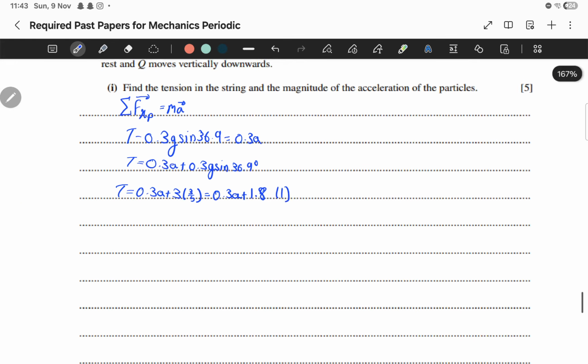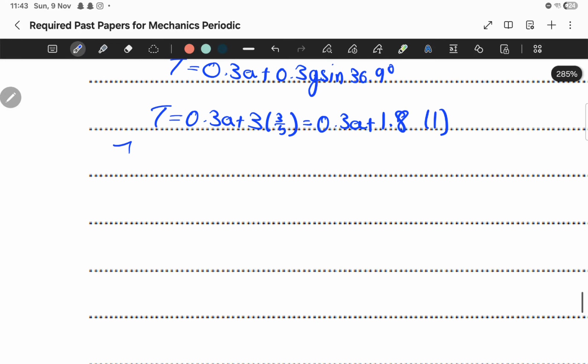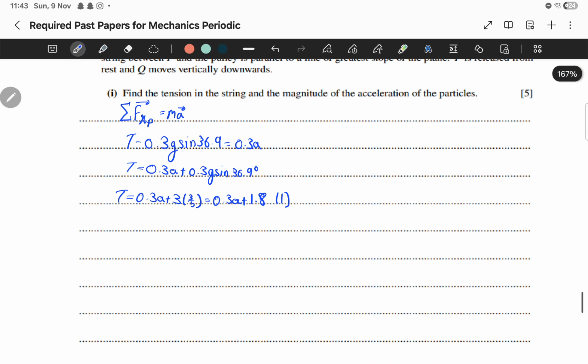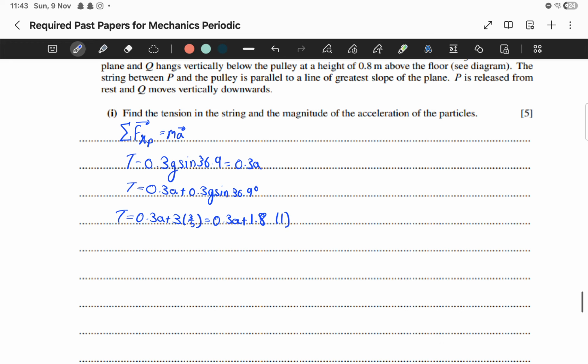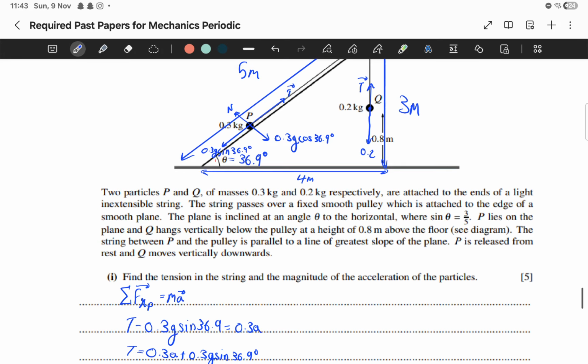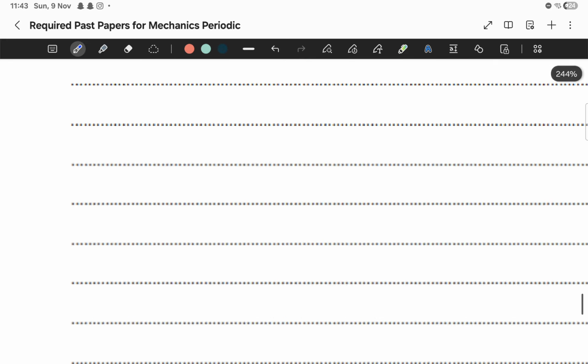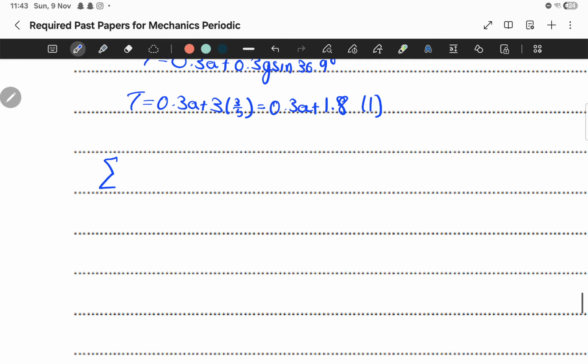Now, sigma Fx of Q is nothing. We're not resolving this, we don't have anything. All we're going to do here is sigma Fy of Q is equal to ma.